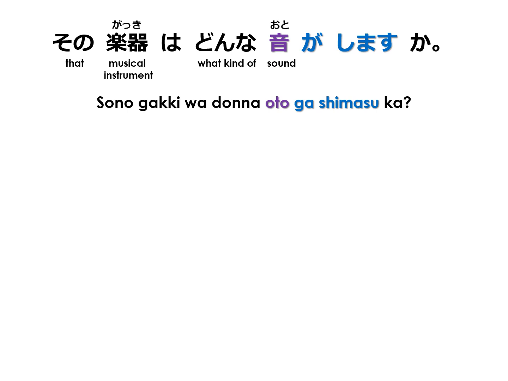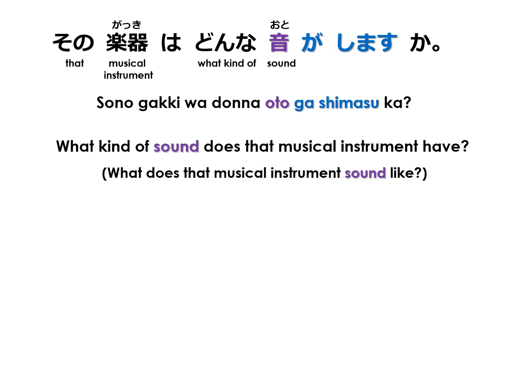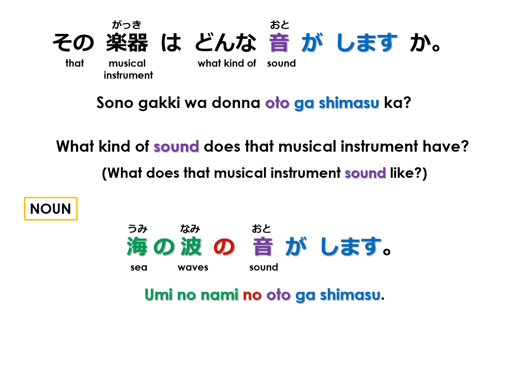Sound is 音 and 音がする means it sounds like. その楽器はどんな音がしますか? What kind of sound does that musical instrument have? Or what does that musical instrument sound like? To use a noun, we can say something like 海の波の音がします. It sounds like the waves of the sea.